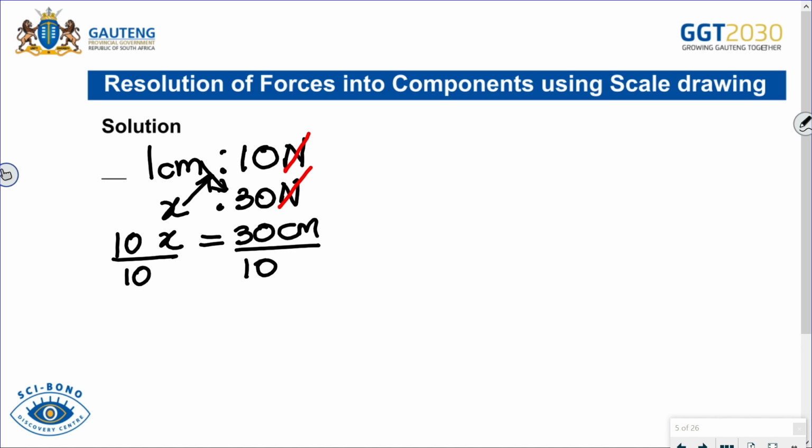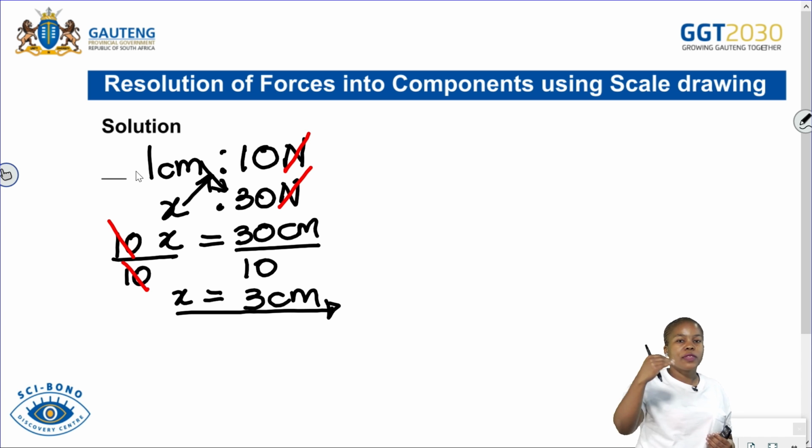Divide by 10 on both sides, because we're looking for x, not 10x. The 10 cancels the 10, and we are left with x equals 3 centimeters.